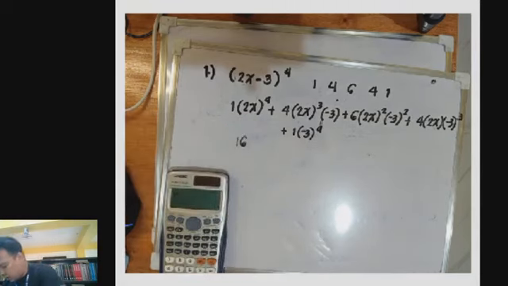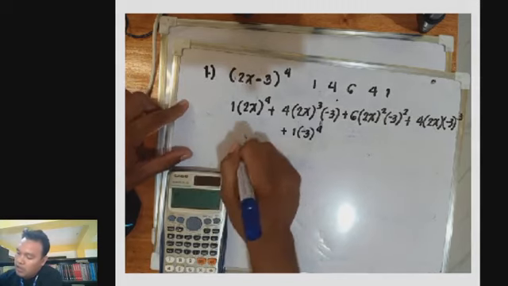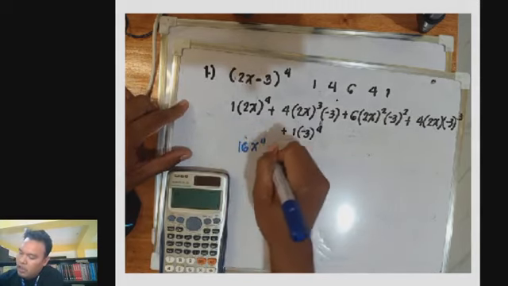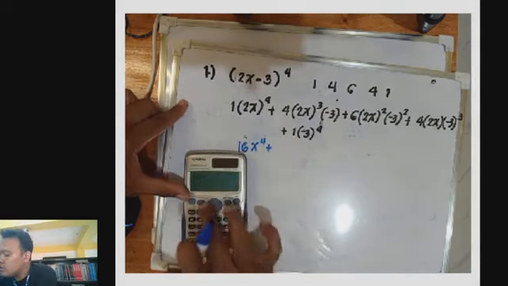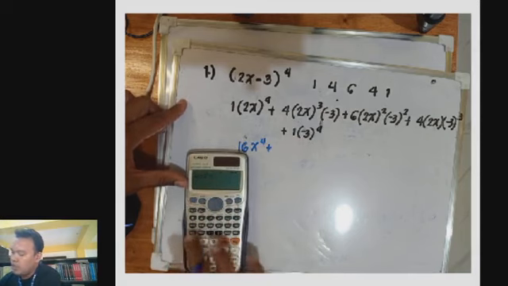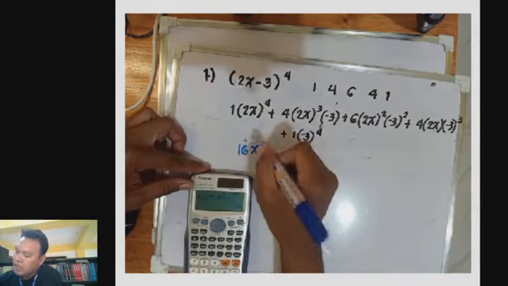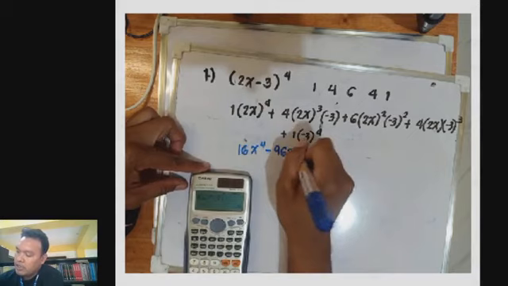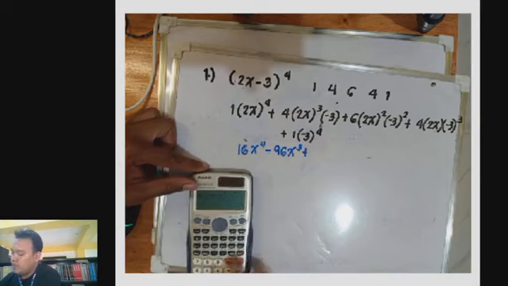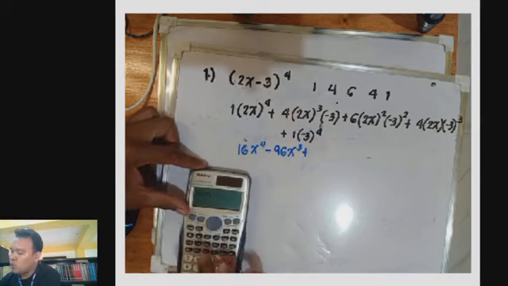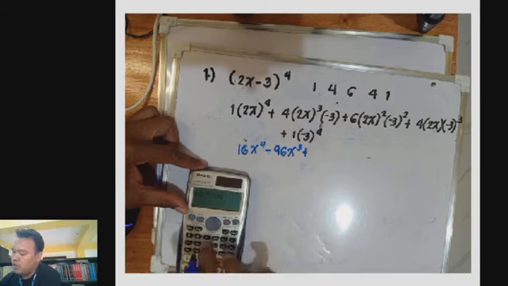Wait lang, susulat. We have 16x raised to 4 plus lalabas 4 times 2 cube times negative 3, lalabas siya na negative 96x cube. Okay? Plus 6 times 2 squared times negative 3 squared.